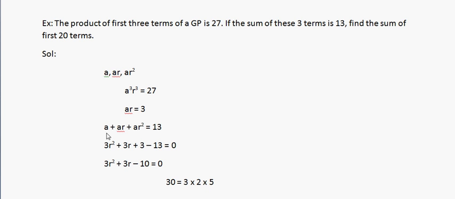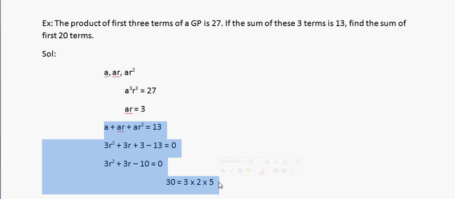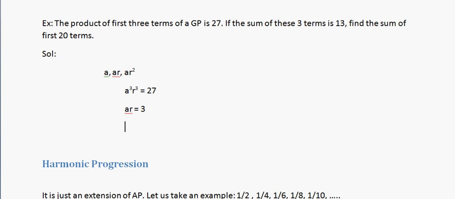So this is the common mistake which most of us make, right? It's ar is equal to 3, not a, right? So we cannot just write this equation like this. It has to be ar is equal to 3, which means a is equal to 3 by r, right?